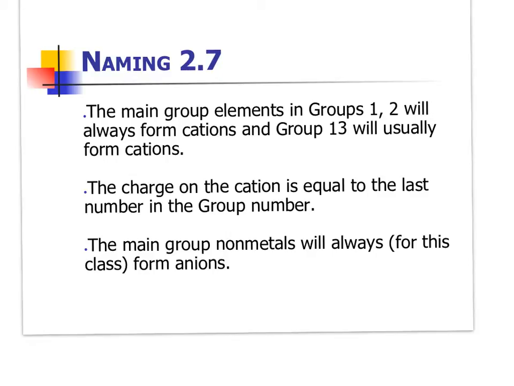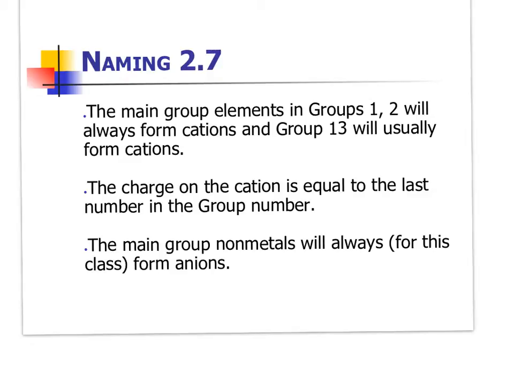The group 13 elements, for the most part, form a positive 3 charge. There are some things that happen near the bottom as they expand out and beyond, but for the most part, you will see that all of them form a positive 3 charge. Thallium, I think, is the one that forms something else.